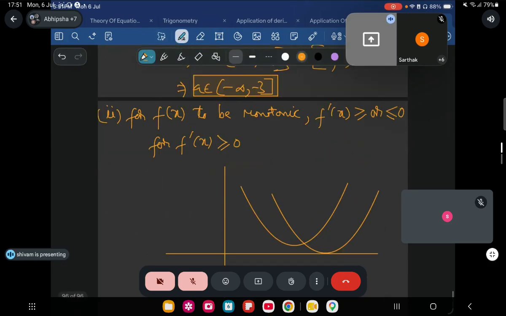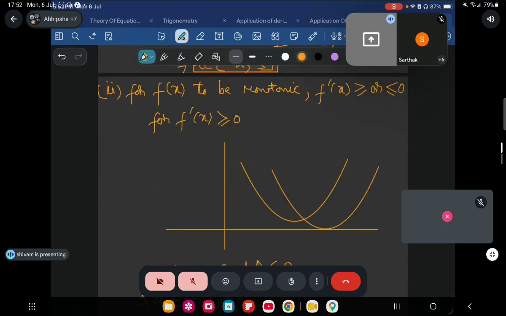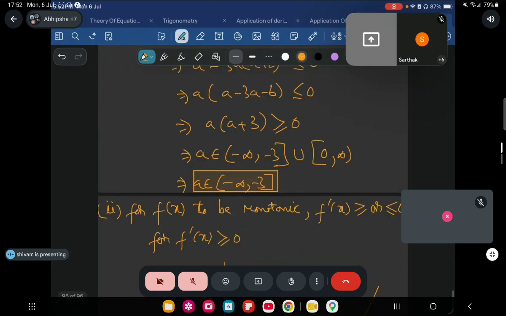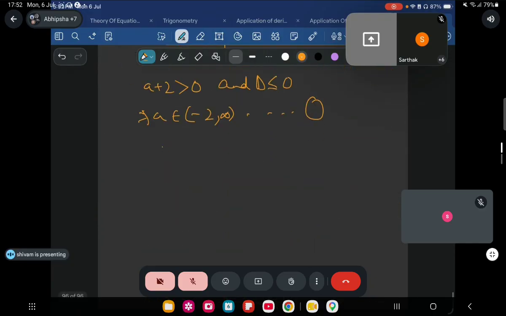So over here, for f dash x greater than or equal to 0, a plus 2 should be greater than 0, and discriminant should be less than or equal to 0 only. So this implies a should belong to minus 2 comma infinity. When you take the intersection of minus 2 comma infinity with the discriminant condition less than or equal to 0, whatever we have got, this implies a should belong to 0 comma infinity, closed.